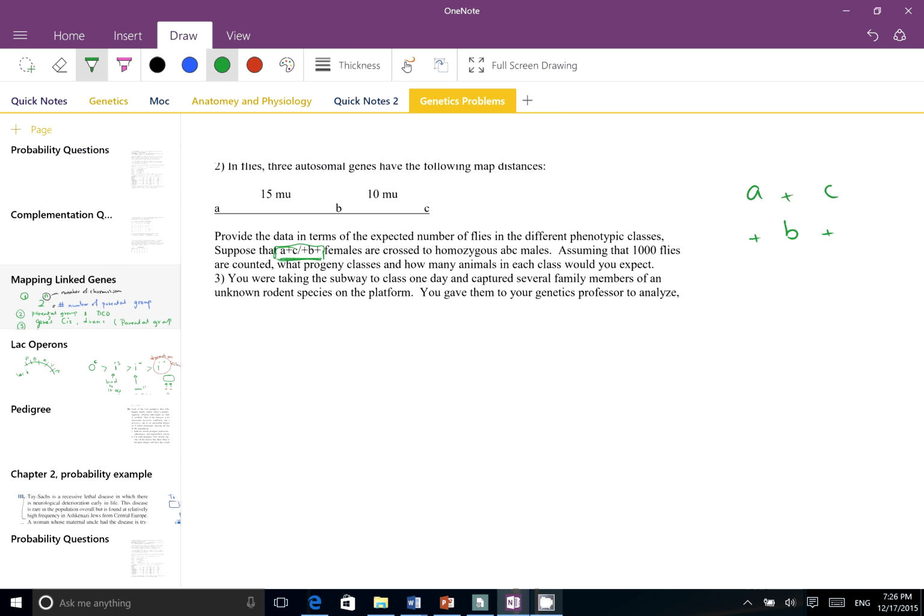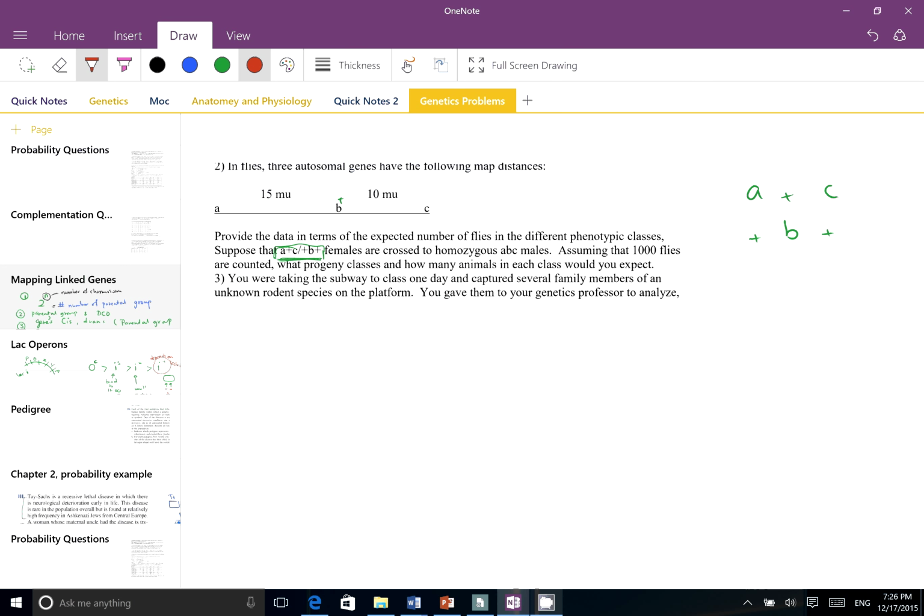So you already know that. What this is showing you is A, C, and then plus B, the wild type for the B trait.